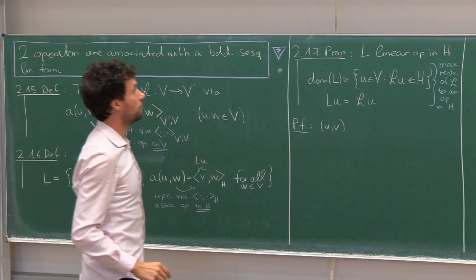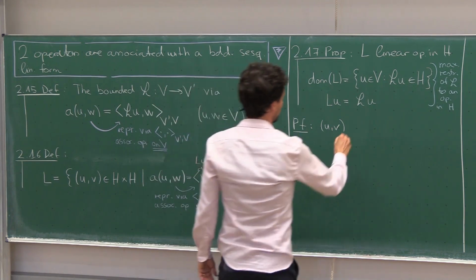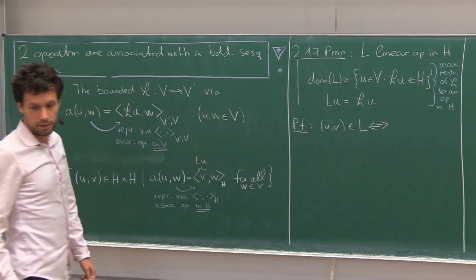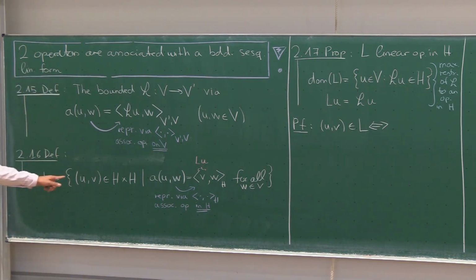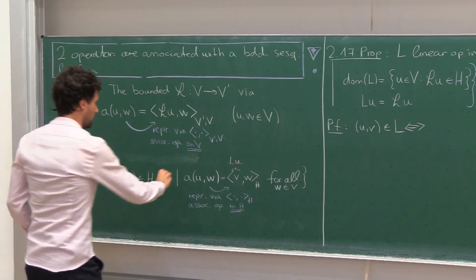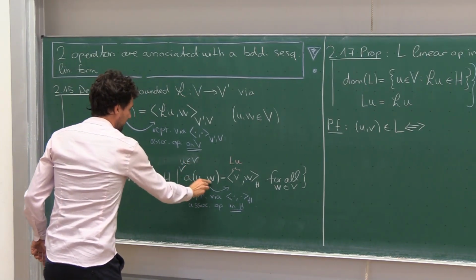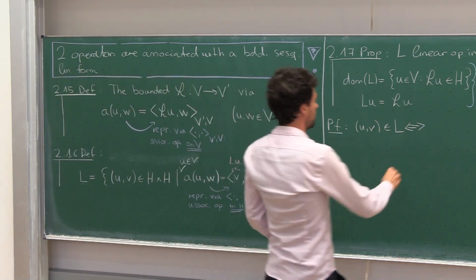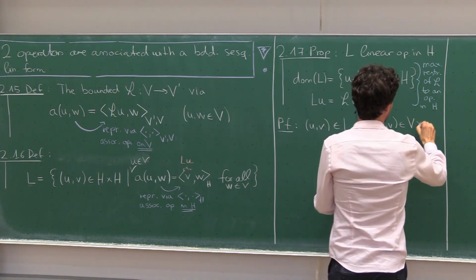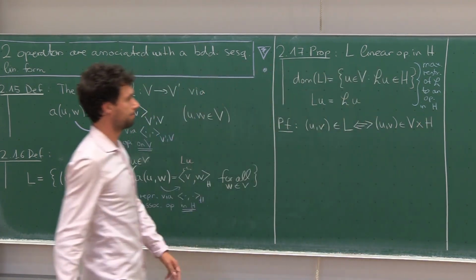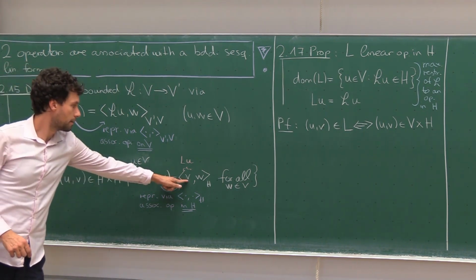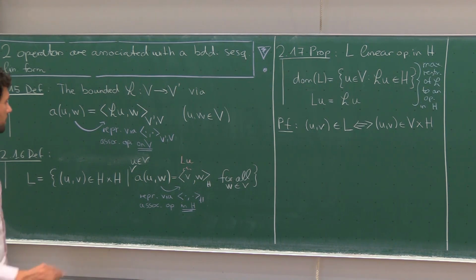All right, so what does it mean for U and V to be in L? By definition, that means, first of all, U and V is in H cross H, but U has to be in V, otherwise this thing doesn't make sense, right? So it means that U comma V is in V cross H. And then we have this identity over here.